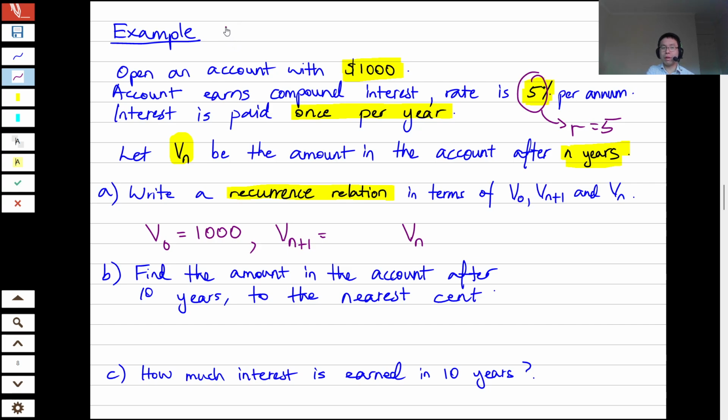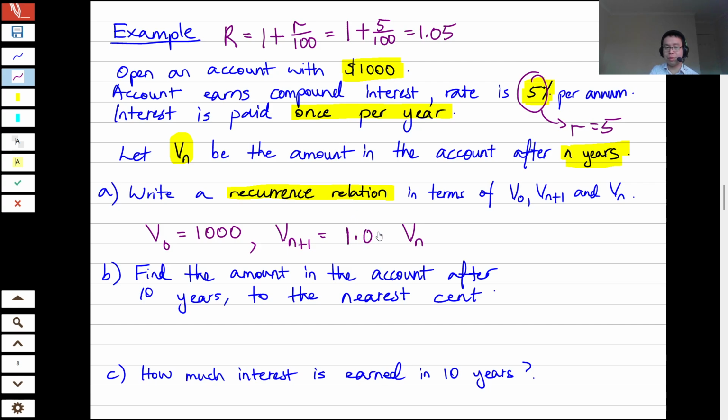And my common ratio, capital R, based on the formula on the previous slide, is 1 plus R divided by 100. So that's the same as 1 plus 5 divided by 100, or 1.05. And that's where that number came from in that page where I compared simple interest and compound interest.